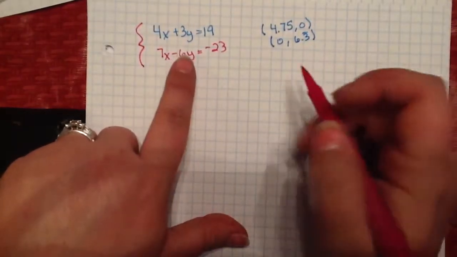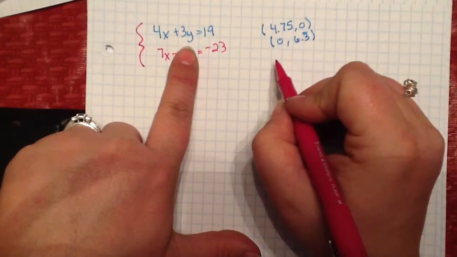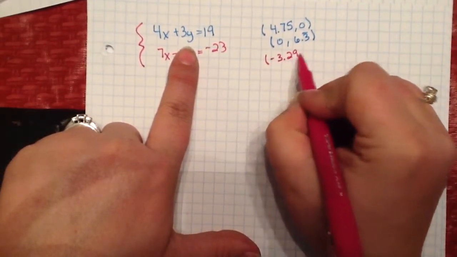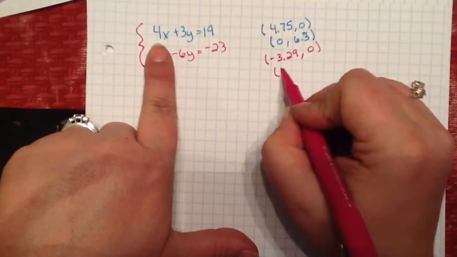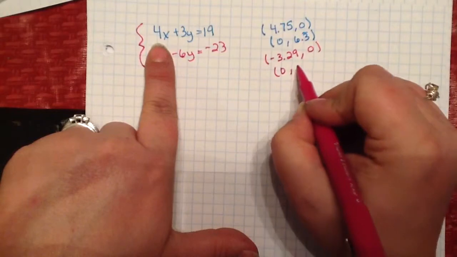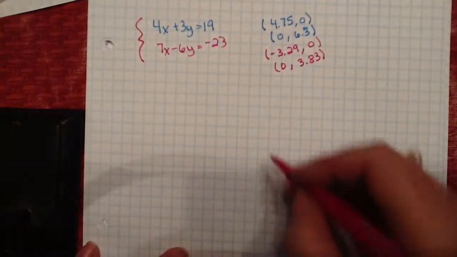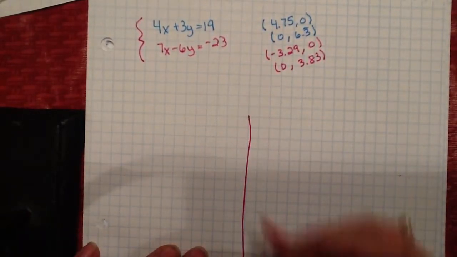To do the cover-up method down here, if I cover up the y, -23 divided by 7 is -3.29 approximately. And if I cover up the 7, -23 divided by -6 is 3.83. And I already had those calculated, so don't think I'm a major math whiz.